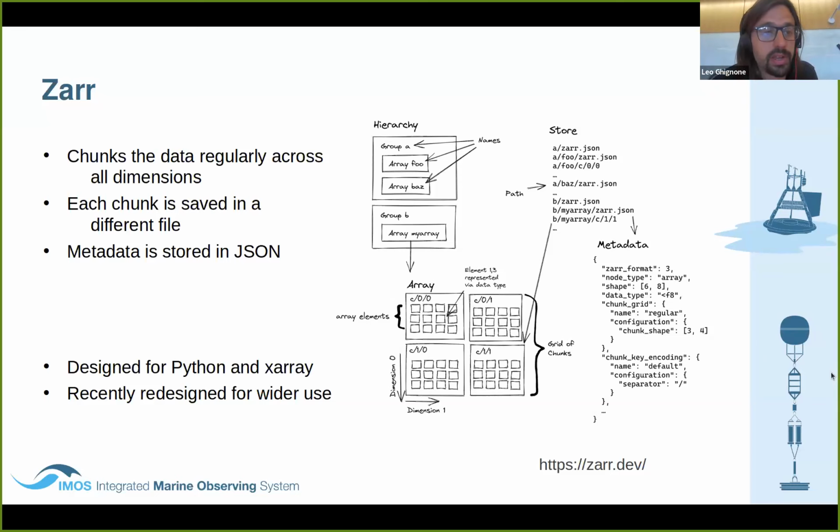So XArray has very good support for Zarr, but now Zarr version 3 has been designed and is being released, which is a bit more open in its design, so it can more easily be read and managed by other libraries and other programming languages.